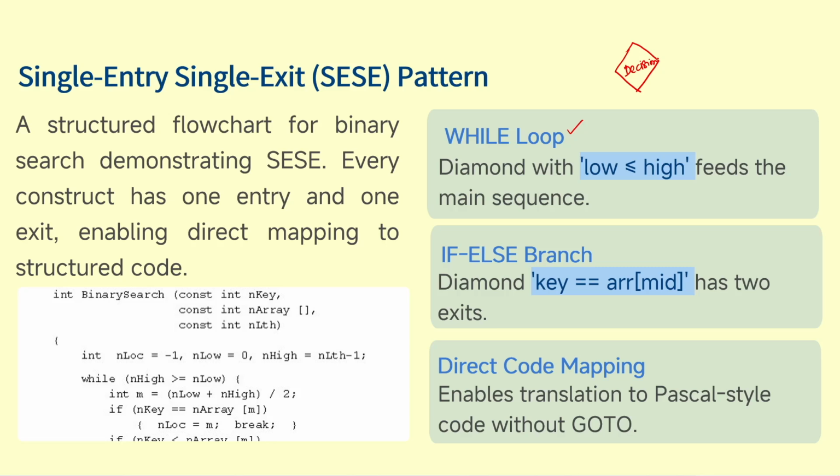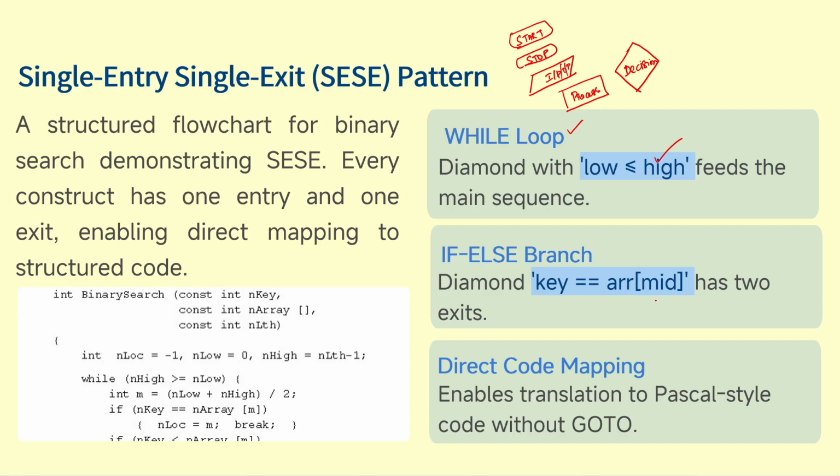With respect to the symbols being used, we have a start symbol and a stop symbol, and the input has its own symbol. We have decision, and process is given as rectangular boxes. Both input and output have the same symbol. These are the main symbols used in your flow chart. Here the while loop, which says low less than high, feeds the main sequence, and there is a key double equal to array of mid.